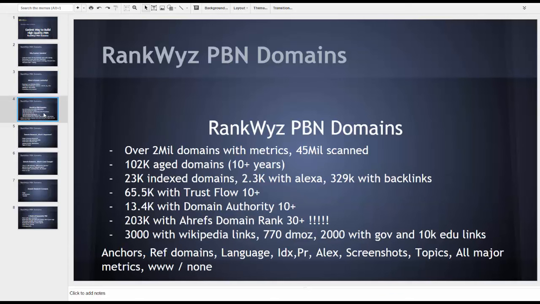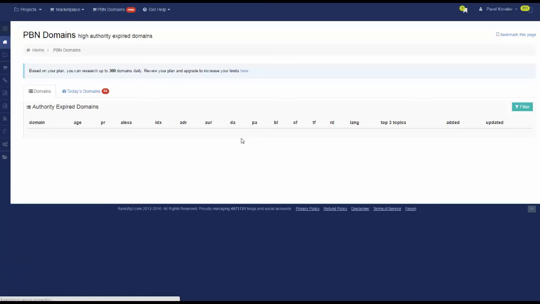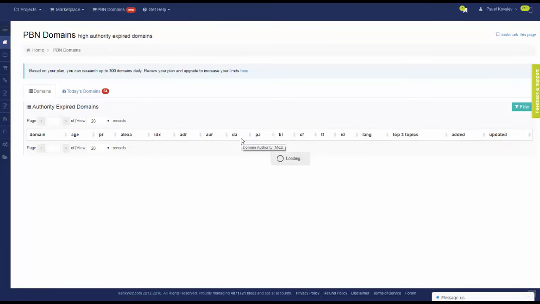And now let's go to the RankWyz PBN domains. I'm in my RankWyz account. I go to PBN domains. This is a massive operation.